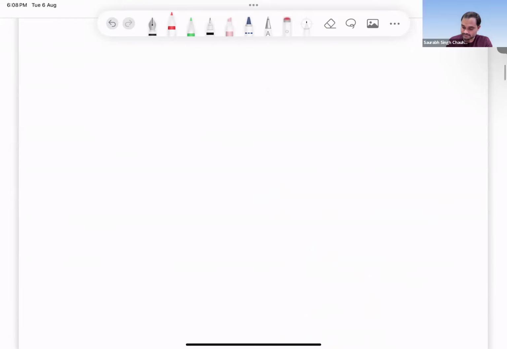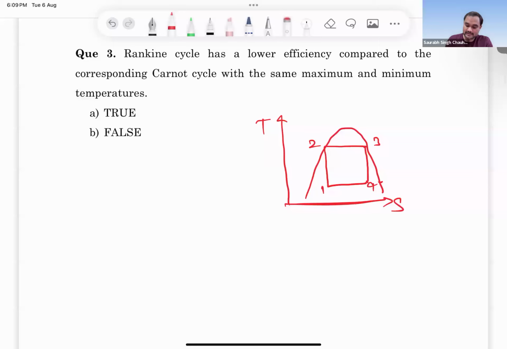In the previous question also, this was a TS diagram. And if you make the Rankine cycle, which is working in the same temperature limits, then it will look something like this.